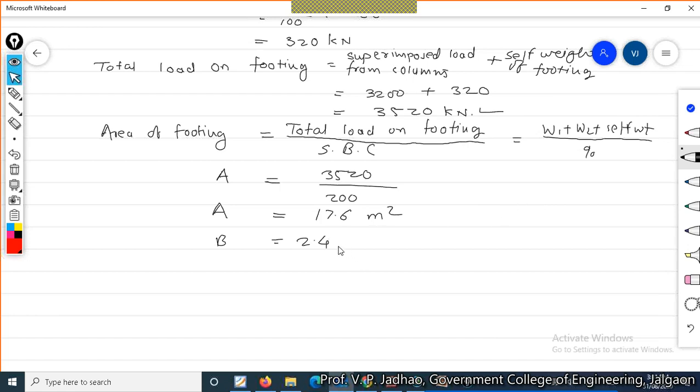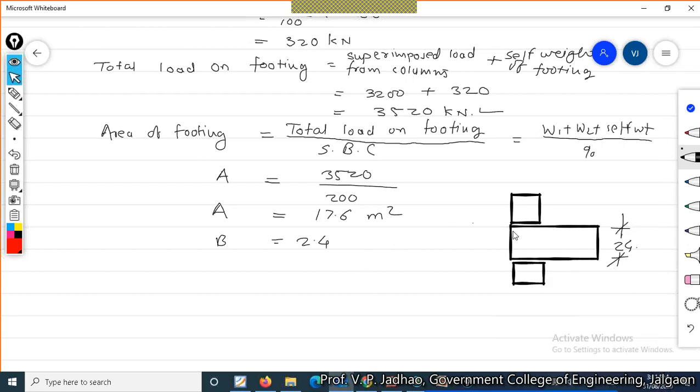At the same time, the width of the footing is given some restriction. There may be some condition that you have this distance of 2.4 meter only. There may be another isolated footing on this side, and another isolated footing on this side also, so you have a restriction of 2.4 meter width only.